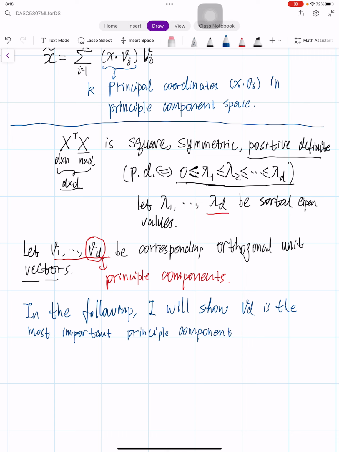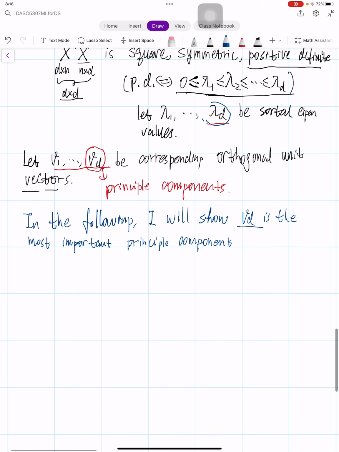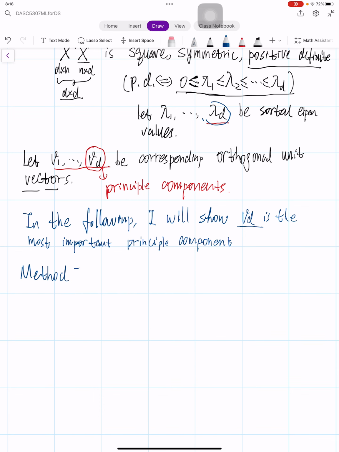Okay, so Vd is an eigenvector corresponding to lambda d, the largest eigenvalue. Okay, so method 1.